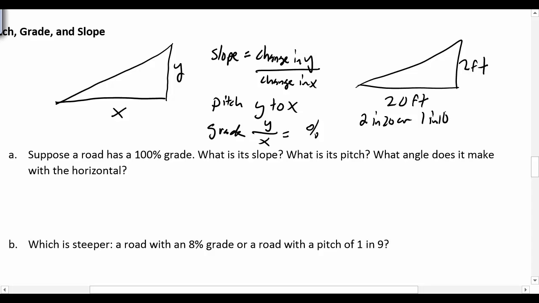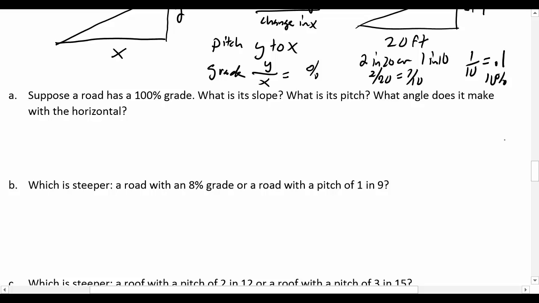Our slope in this case would be the fraction 2 over 20, or 1 over 10 again if we reduce that. And then our grade would be the percent. So if I do 1 over 10 as a fraction and get a decimal, I get 0.1. So that would be a 10% grade. Okay.